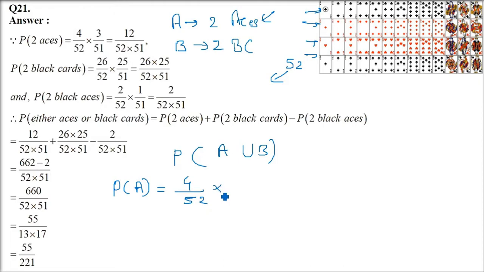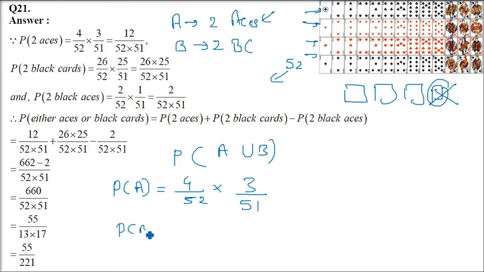Now when you have taken one ace, one you have taken, but now when you have taken it and you are not replacing, that means only 51 are remaining for the other ace to be picked up. And once you have taken one ace, there are only 3 aces remaining.